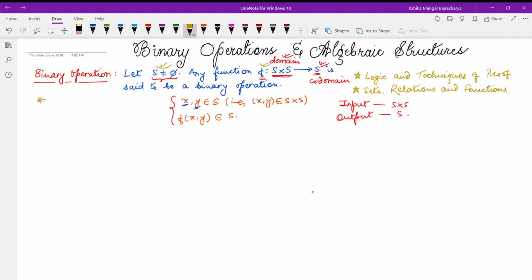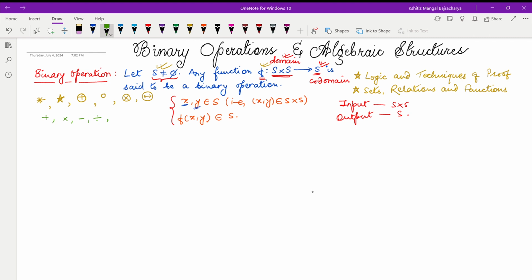I'll be frequently calling it star, along with other symbols that look like this. We can also use plus, multiplication, cross, the minus sign, the division sign, all kinds of symbols instead of f.